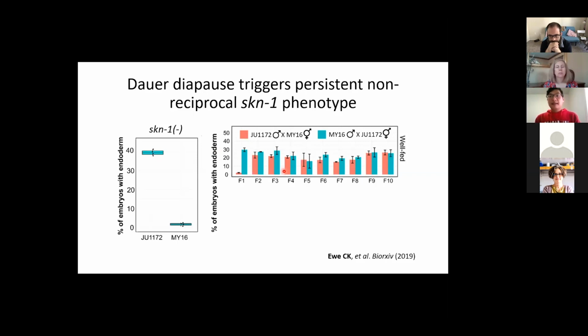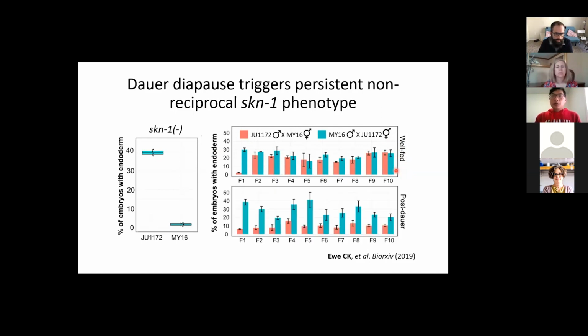This non-reciprocal effect quickly disappeared in subsequent generations, as one would predict, as the maternal effect is diluted. The progeny from both directions showed an intermediate phenotype due to the multigenic nature of the trait, and this experiment was performed with well-fed parents. To our surprise, if the parents were starved as dauers before the cross, the non-reciprocal effect persists for at least 10 generations.